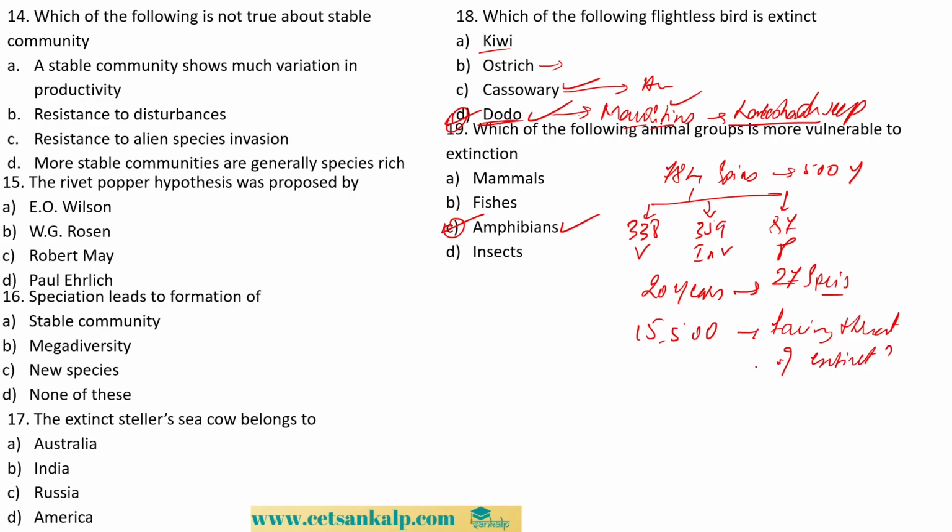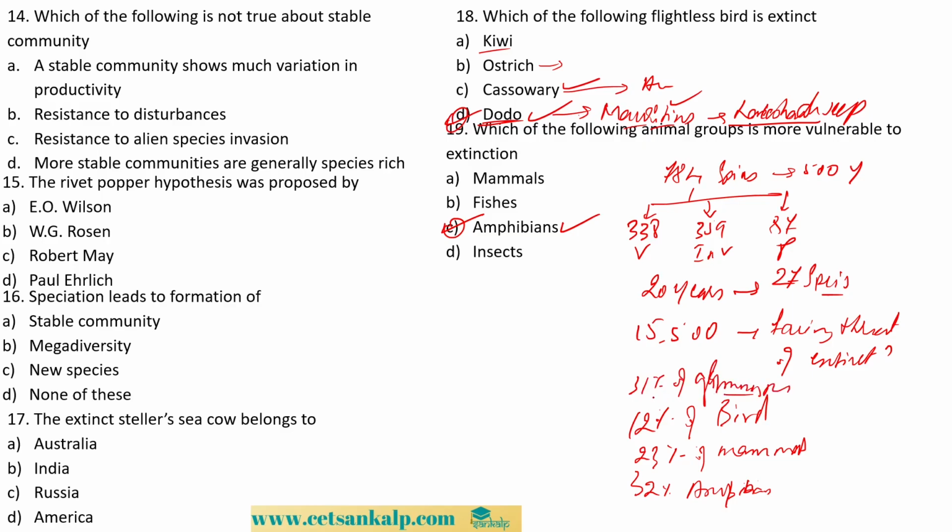extinction. Okay, and they also say that around 12% of bird species, 23% of mammals, 32% of amphibian species, and around 31% of gymnosperms are facing the threat of what?